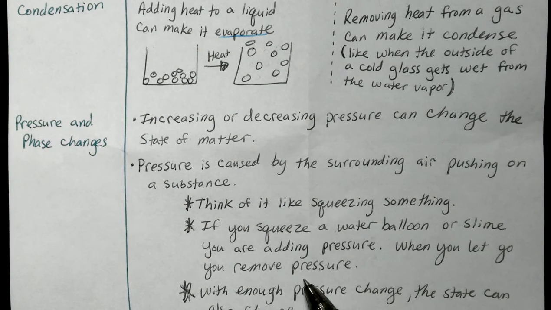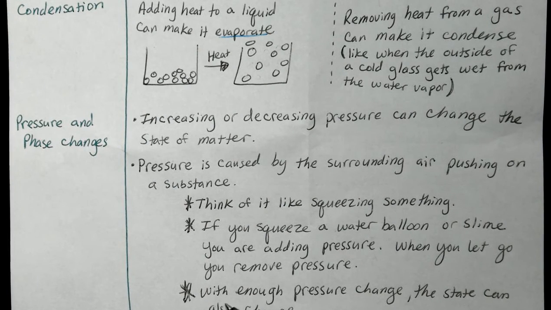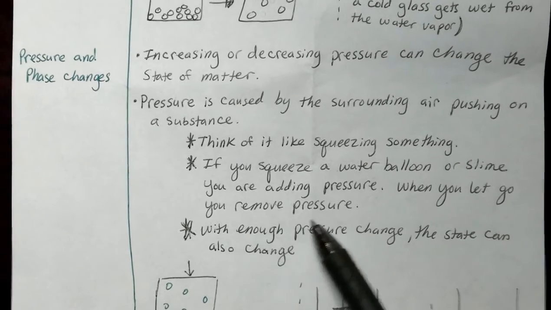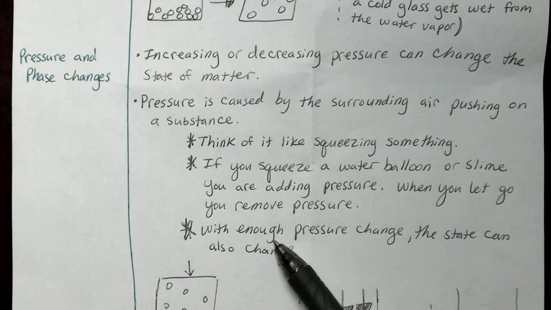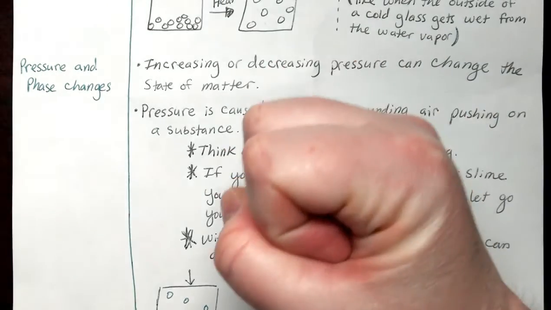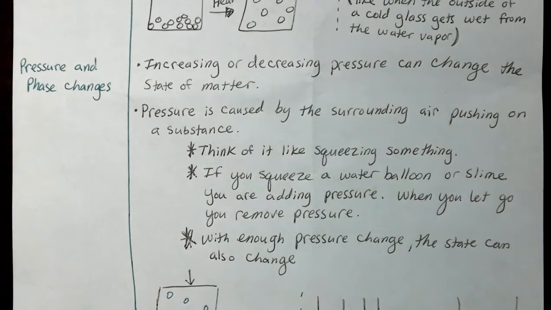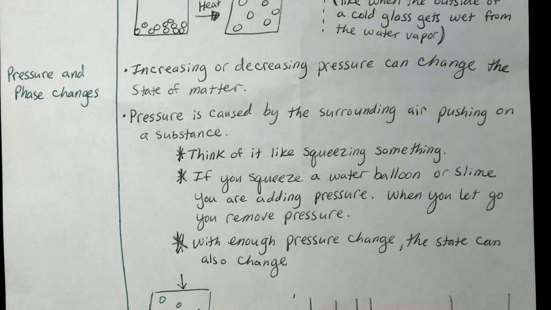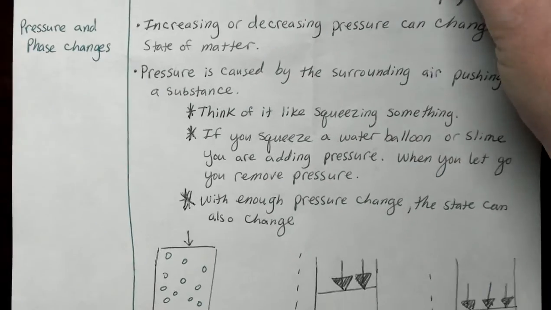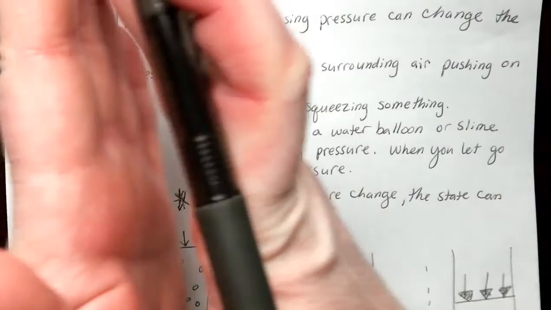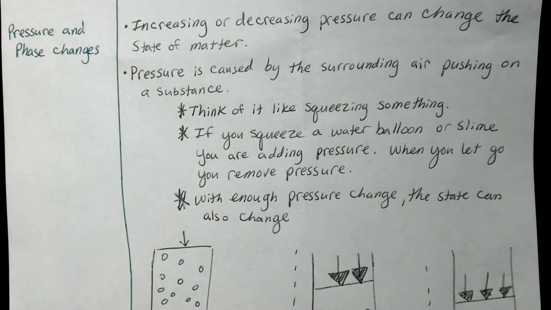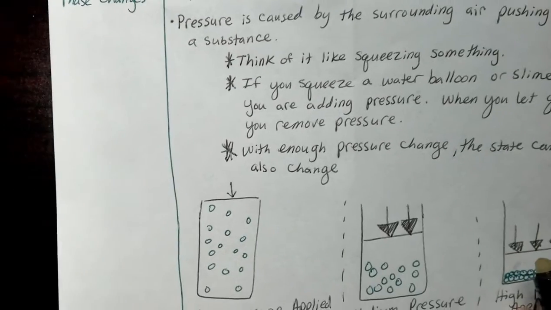With enough pressure change, the state can also change. Squeezing slime or a water balloon, you're not really going to do much. But if there is a very serious pressure change, like going underground and the earth crushing something, that's definitely going to be able to cause some state changes.